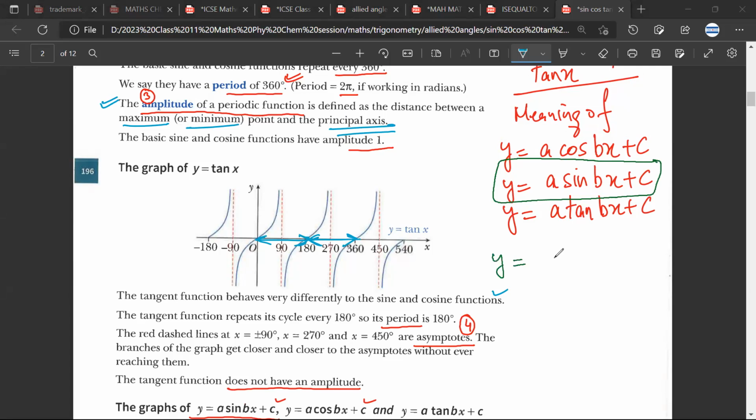So y is equal to 5 sin x plus 3. What is the meaning of this? How does this graph look like?